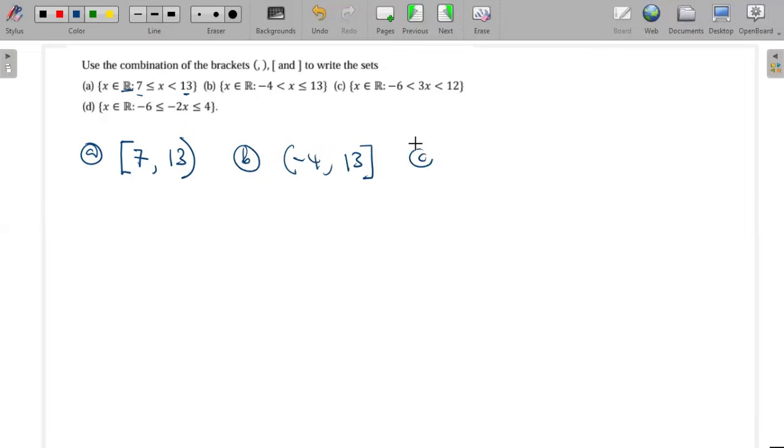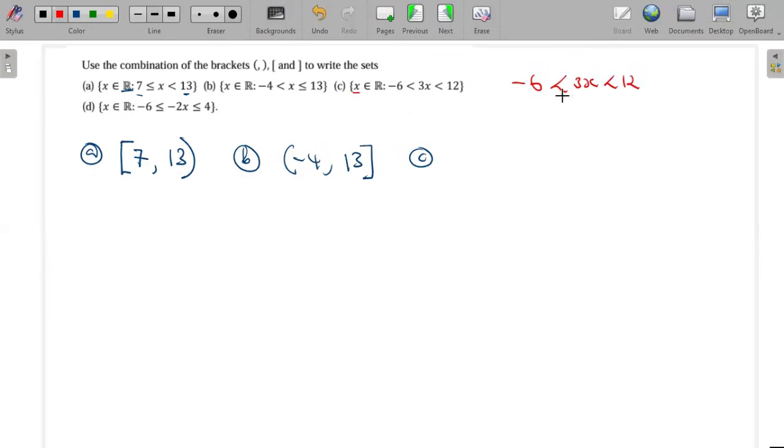Okay, so C, let's now move on to C. So C here has been given like this. You see it's saying that x is a member of the real numbers such that it's in between negative 6 and 3x and 12. Now what we're representing is an interval of the set x and not of 3x.